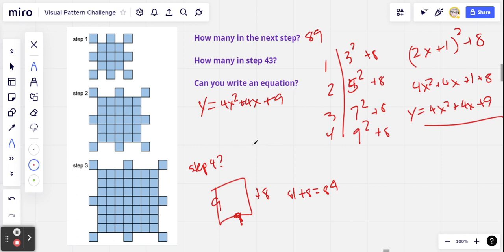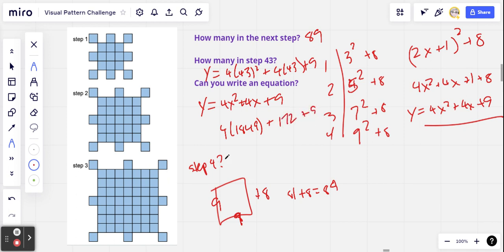Now, to calculate the number in step 43, we're just going to plug in 43 for x. So y equals 4 times 43 squared plus 4 times 43 plus 9. And let's see. Well, 43 squared is 1849. And 4 times 43 is going to be 172.